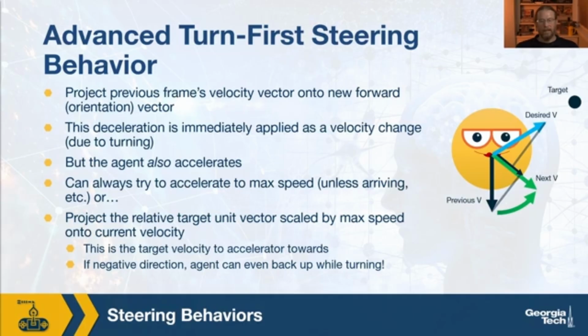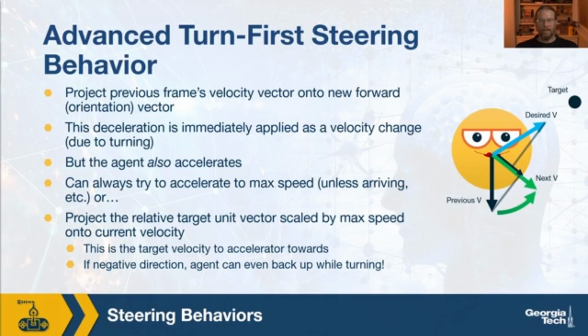So basically, what you get from that is you can avoid big, wide, sweeping turns. You're taking on this strategy of, let's get turning more before we get moving forward, because otherwise we're just taking the agent further away from the target.